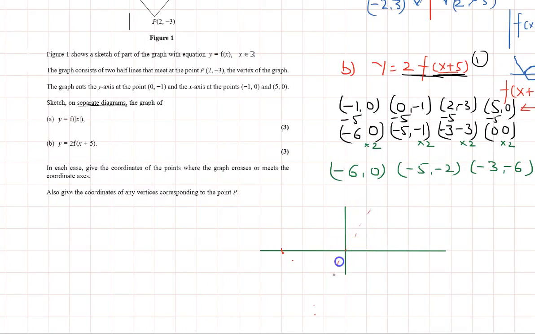So the graph will be, its vertex will be minus 3 and minus 6. So this will pass from these points, and this is minus 6 and 0, and this coordinate is 0 and 0.